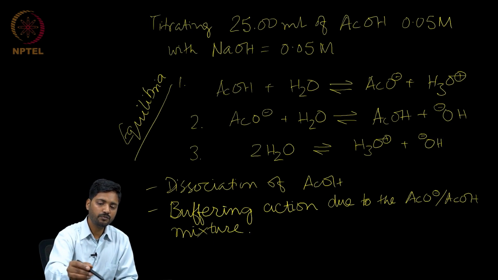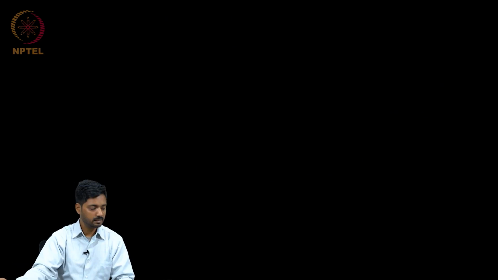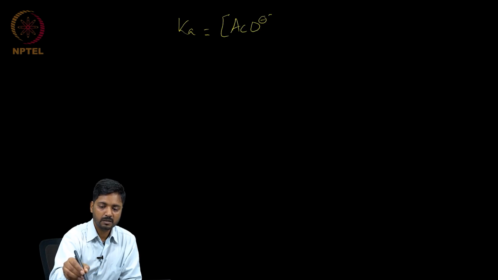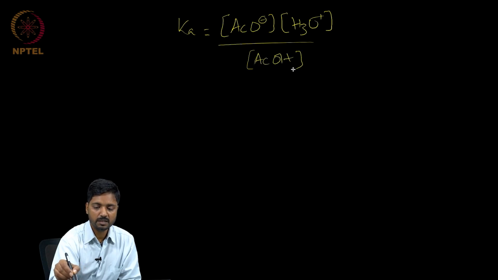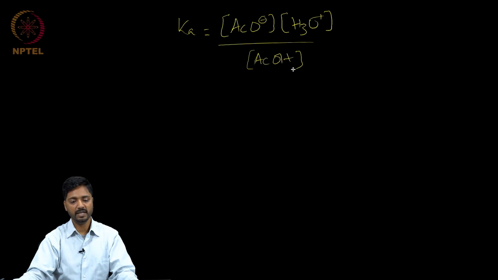So, first thing first is to calculate the initial pH. Before that, let us quickly write down the K value, which will be nothing but the dissociated form divided by the undissociated form of the acid.